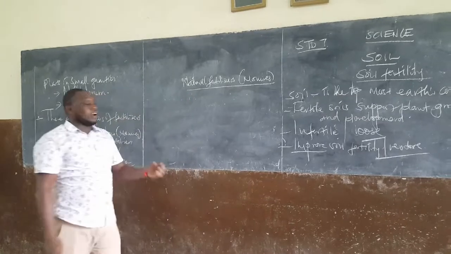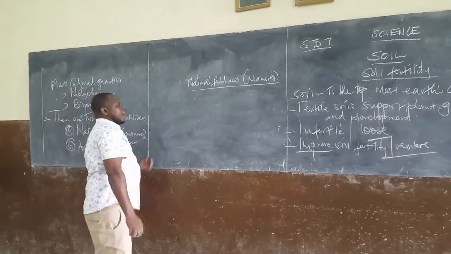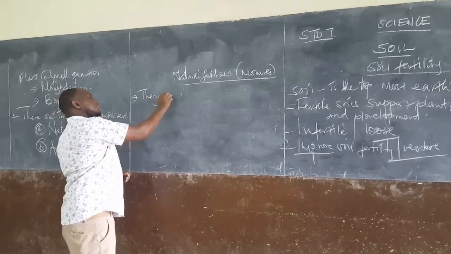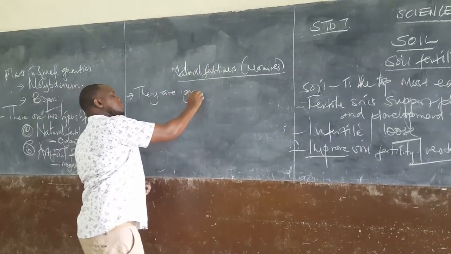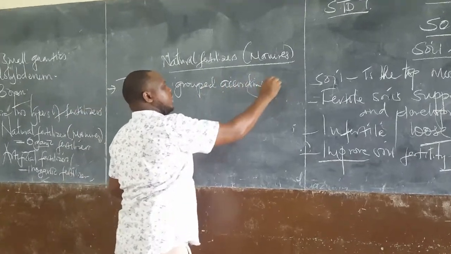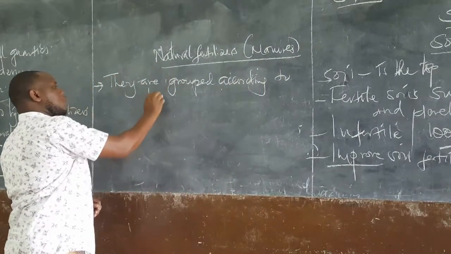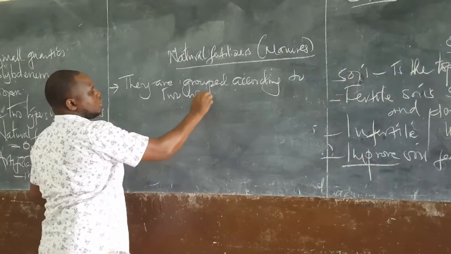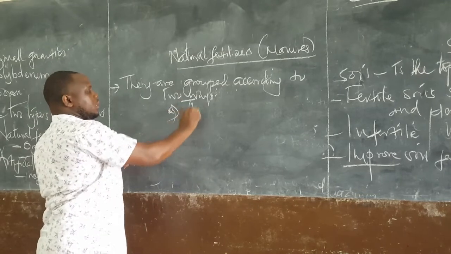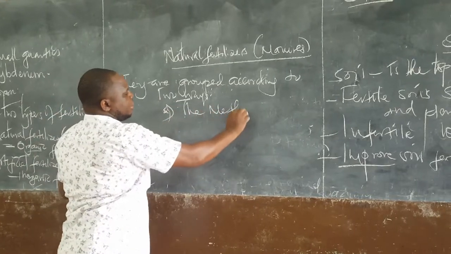So manures are divided into four categories, and these are grouped according to two ways. Number one, we have the method of preparation.